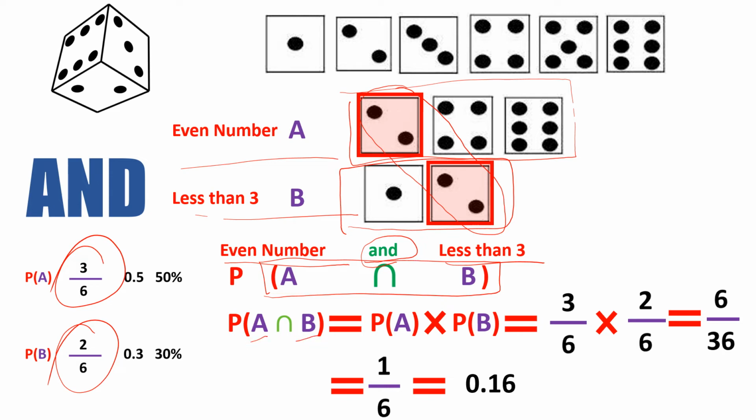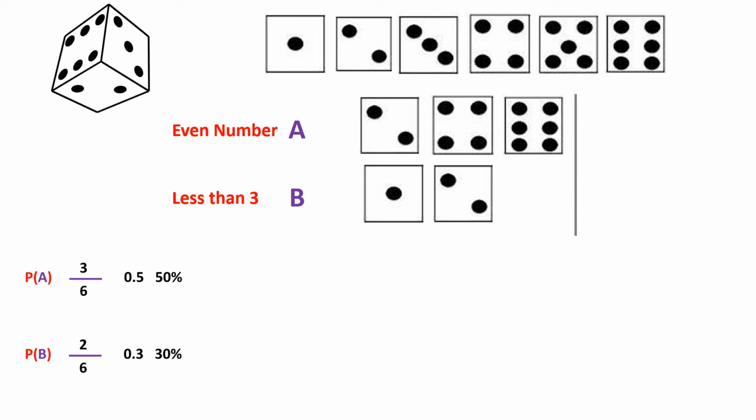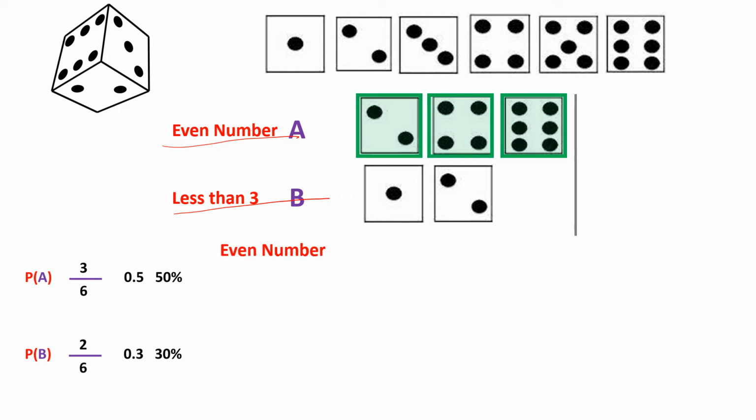Now let's have a look at this one. Here we have again these two sets, the event of an even number and the event of a number less than 3. So these are all the numbers which satisfy the event of an even number, or the event of less than 3, or the event of both of these two, right? The yellow marked are the ones satisfying both of these two.